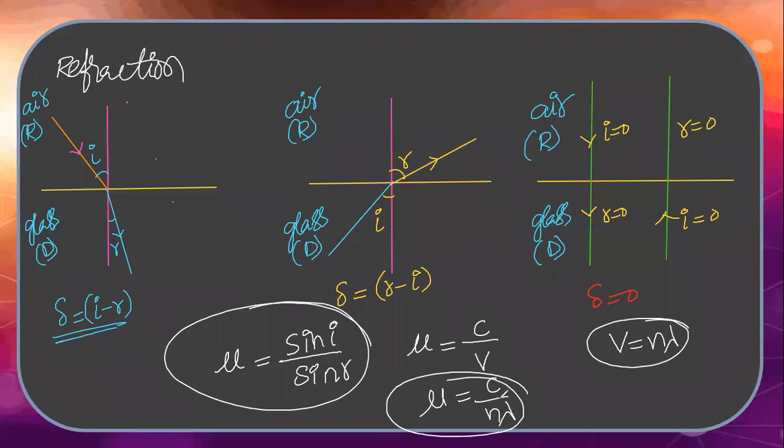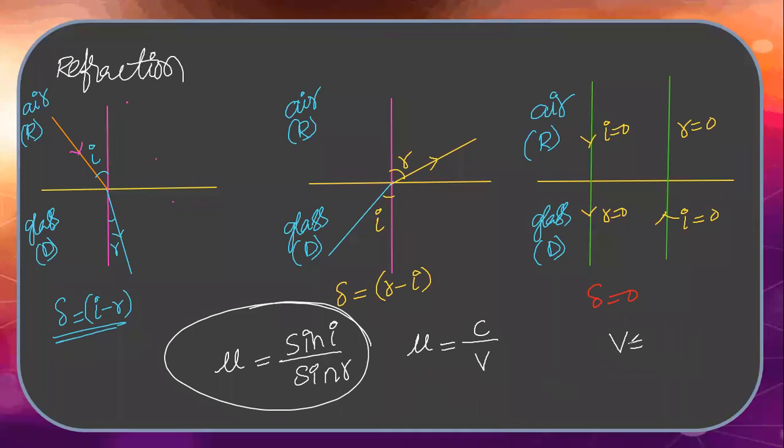Instead of n lambda, we write f lambda, f for frequency. V is equal to f into lambda. So mu is equal to C divided by f lambda.